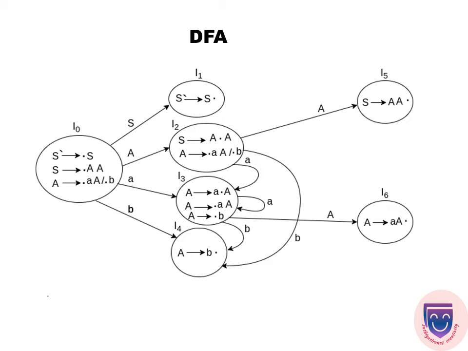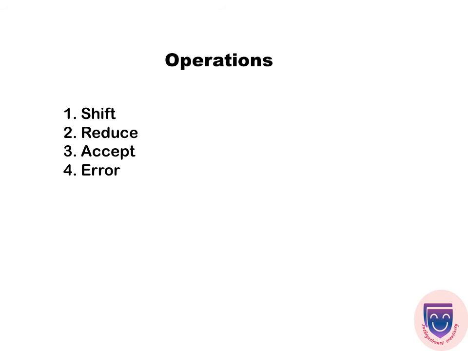So totally we get 7 states in the data flow diagram, from I0 to I6. Like in the LL(1) parser, in the LR(0) parser also we are doing 4 operations. They are shift, reduce, accept and error.